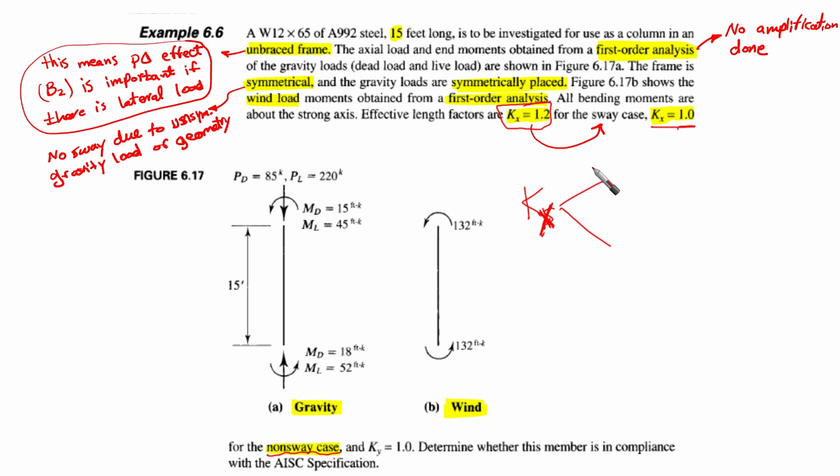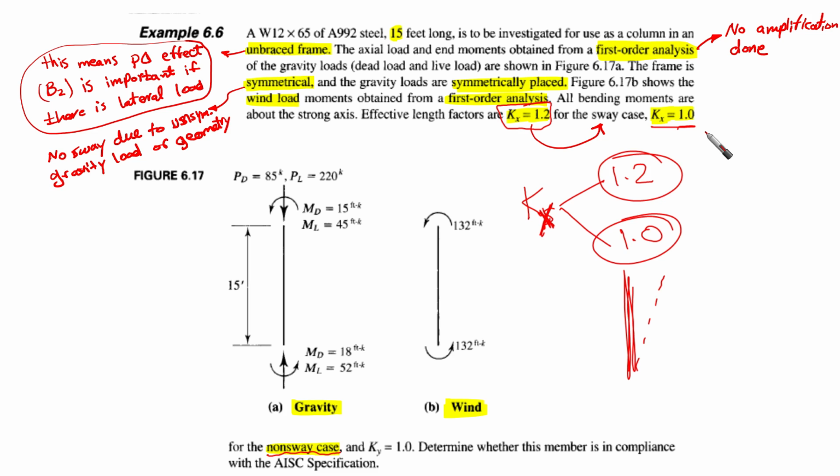For the sway case, Kx is going to be 1.2, and for non-sway it is going to be 1. So if the column is going to move, then in this case Kx, the effective length factor, is going to be 1.2. If not, then it is going to be taken as 1. This is given based on the condition of the example itself. We have no control over it.